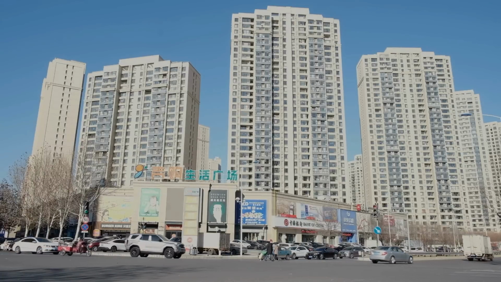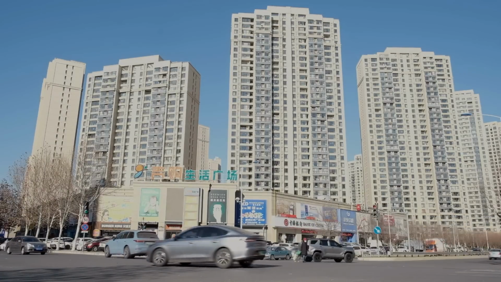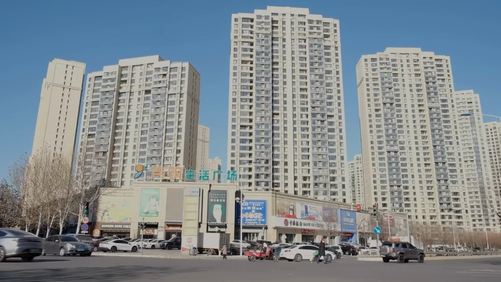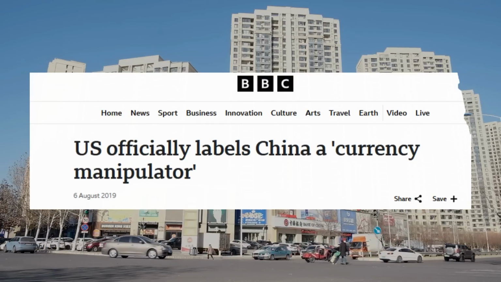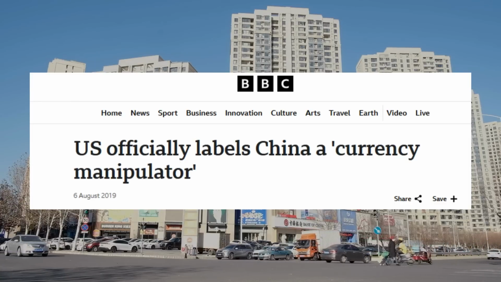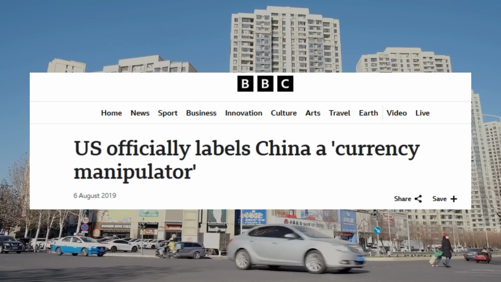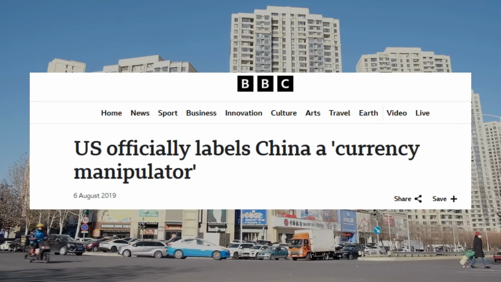Now, since 2005, China has enabled a flexible exchange rate policy. But in 2019, the United States government, which was under President Donald Trump at that time, along with some economists, repeatedly accused China of engaging in currency manipulation.